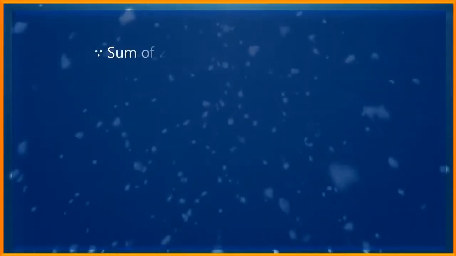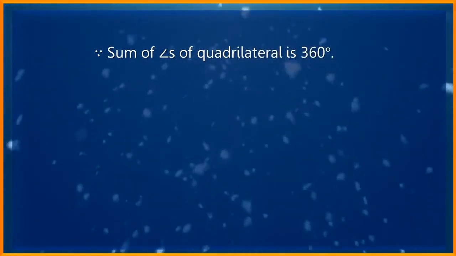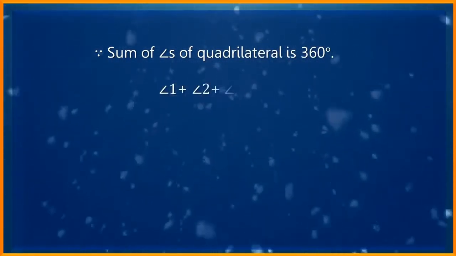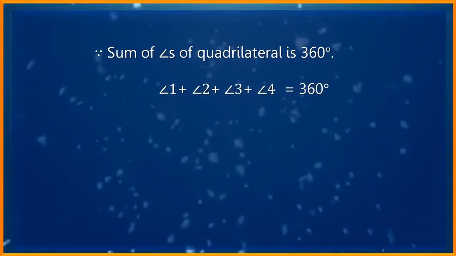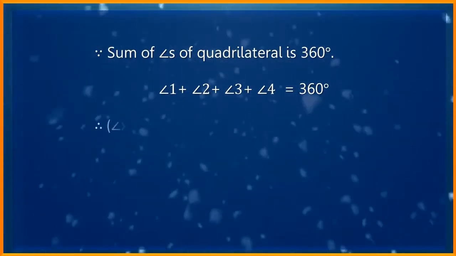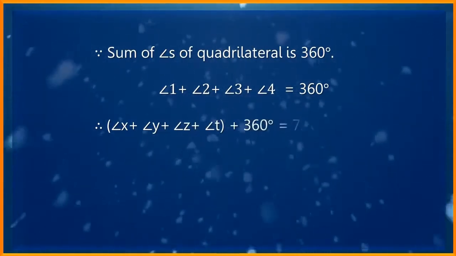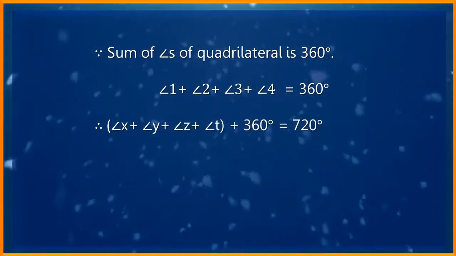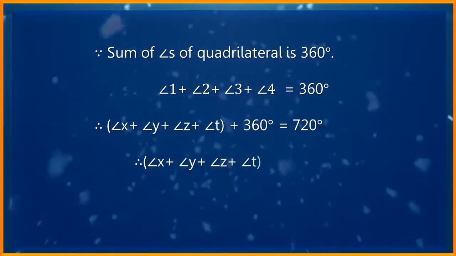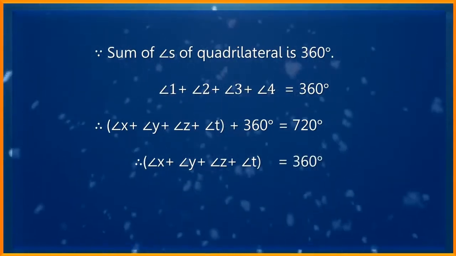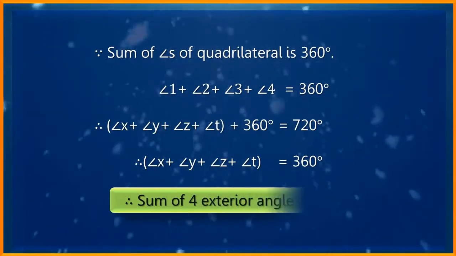Since the sum of angles of a quadrilateral is 360 degrees, on substituting angle 1 plus angle 2 plus angle 3 plus angle 4 equals 360 degrees, we get angle x plus angle y plus angle z plus angle t plus 360 degrees equals 720 degrees, and angle x plus angle y plus angle z plus angle t equals 360 degrees. Thus, it is proved that the sum of the four exterior angles of a quadrilateral is 360 degrees.